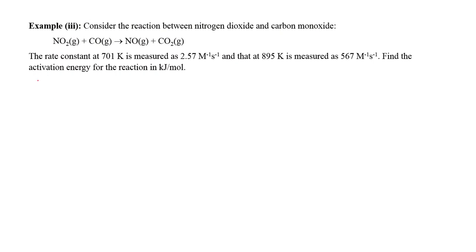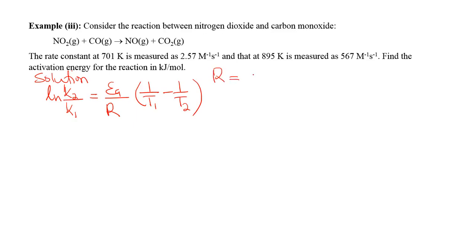So, for a reaction like this one, the first thing I am going to do is to write the Arrhenius equation. Natural log K2 over K1 is equal to the activation energy over R times 1 over T1 minus 1 over T2.